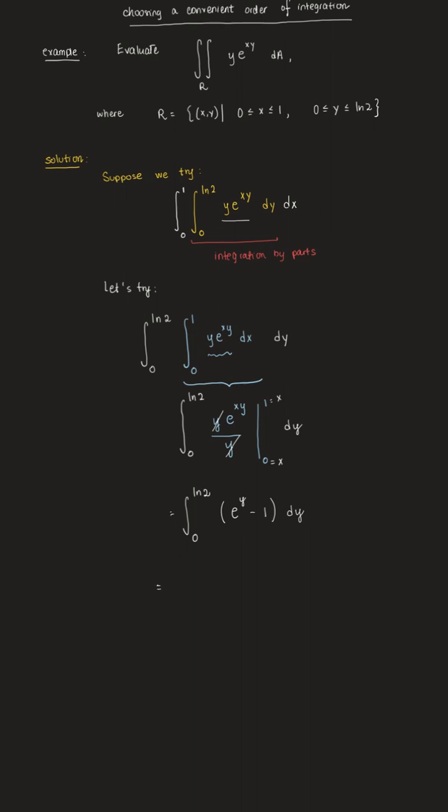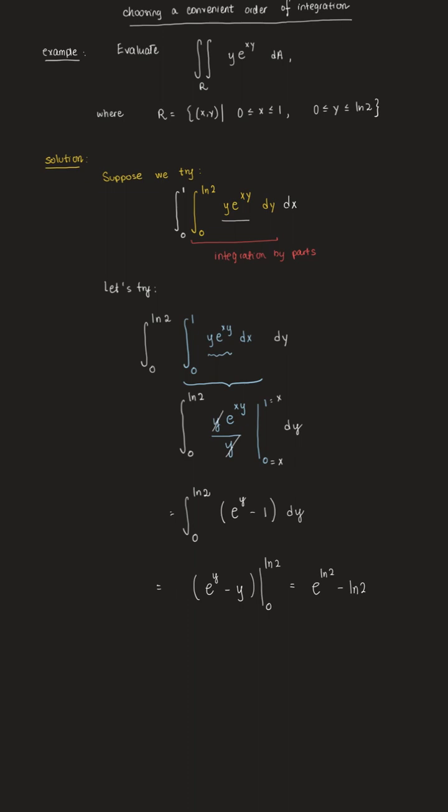So that's going to give us antiderivative e to the y is itself, because we don't have a composition, minus y. And we're going to integrate this from 0 to the natural log of 2. When we put in the natural log of 2, we'll get e to the natural log of 2 minus natural log of 2.